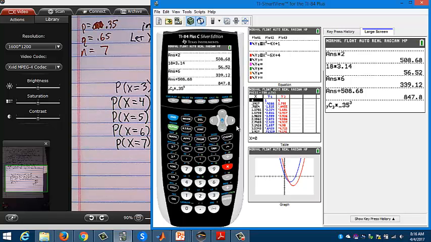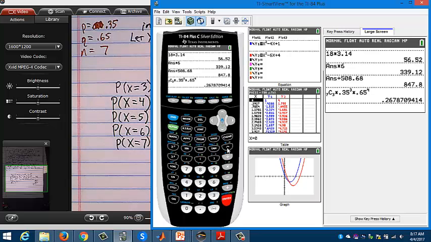Okay, 7 choose 3 times 0.35 to the 3, and then times, and I need what else? 0.65 caret 4. And so I got 0.2679 if I round, okay?